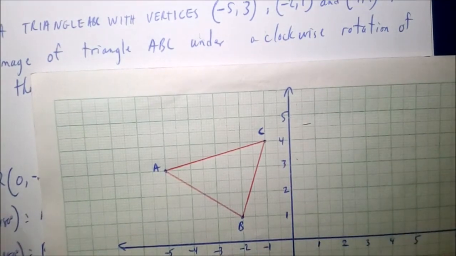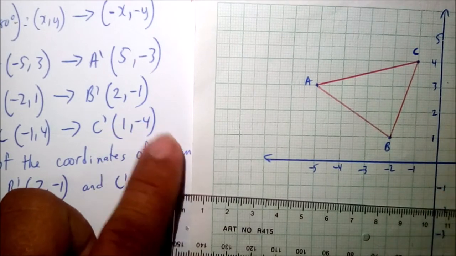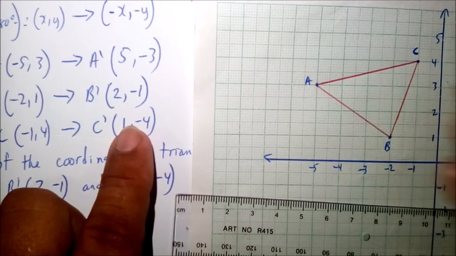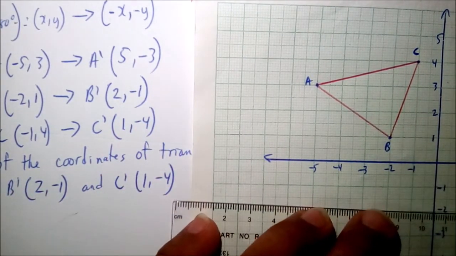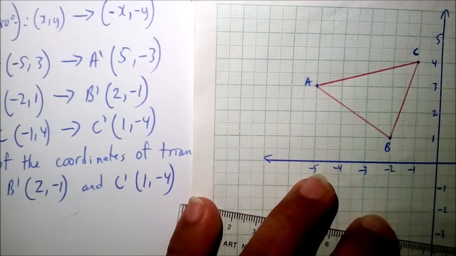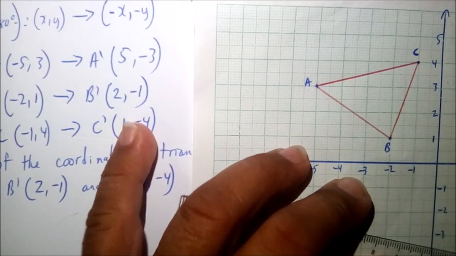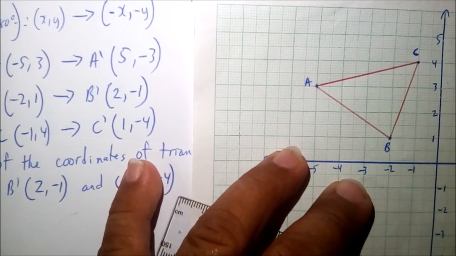Now after we have plotted, we got these values here, so I'm going to draw those values and see how our triangle looks. Our first point was 5 and -3, then 2 and -1, 1 and -4.